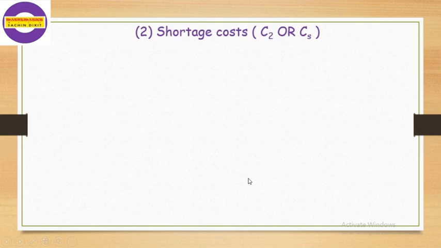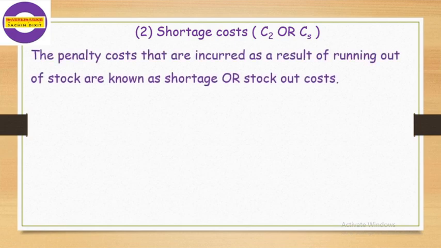Then the second cost is shortage cost. It is denoted by either C2 or CS. The penalty costs that are incurred as a result of running out of stock are known as shortage or stock out costs. These costs arise due to shortage of goods.